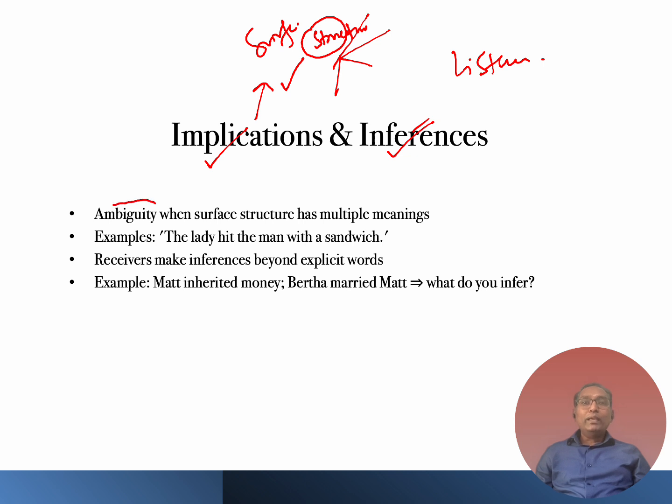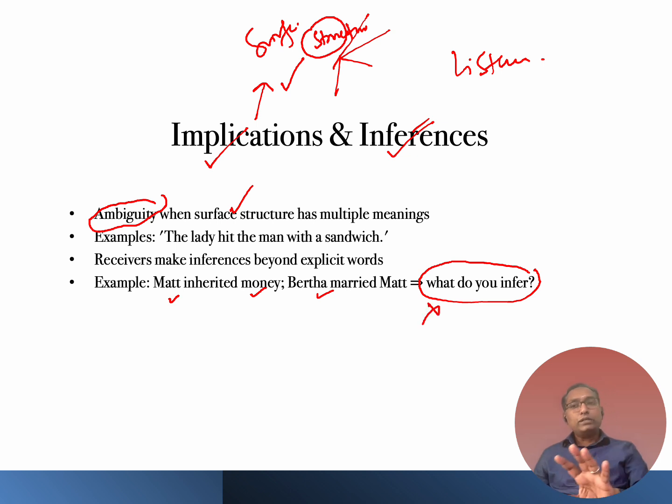So ambiguity arises when the surface structure, the words used, have multiple meanings, right? So one example, let's say Matt inherited money. Bertha married Matt. If these are the only two sentences I give you, what kind of inference would you draw? Or do you draw any inference? You may draw the inference that Bertha actually married Matt for money, right?